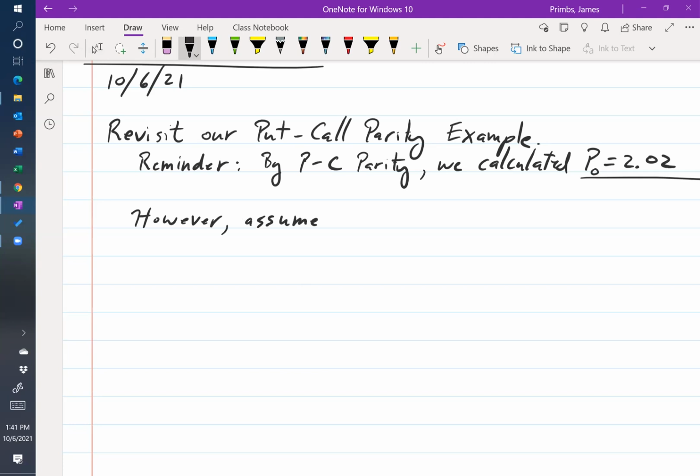So, however, let's assume the put price in the market, that is, I go and look in the market and I see the actual price is $1.50. So you know what? I don't want to have P0 and P0 floating around. So I'm going to call this one, maybe just to help me here, P0 super M, meaning that's the market price. Okay, so I look in the market and I look up a quote and it's $1.50.